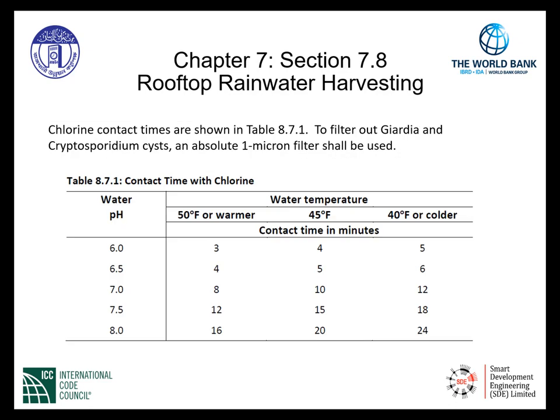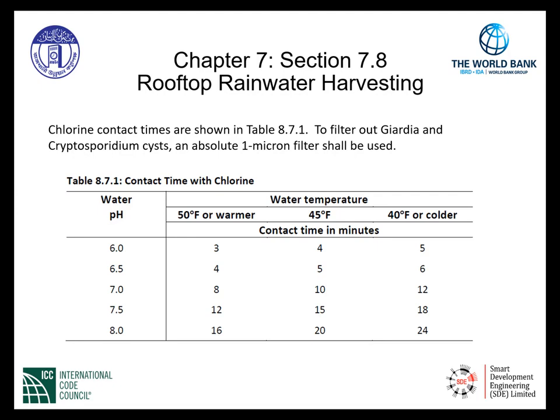Chlorine contact times are shown in Table 8.7.1. To filter out Giardia and Cryptosporidium cysts, an absolute 1 micron filter must and shall be used.